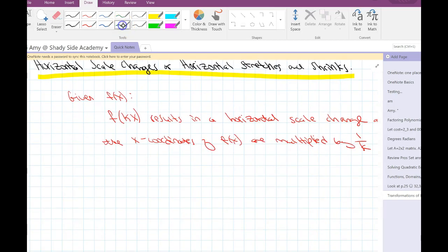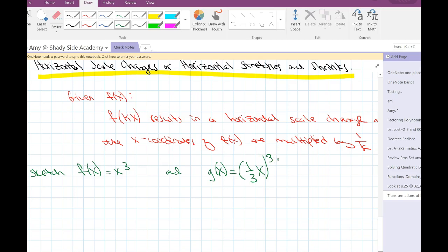So let's do an example. Let's say I want you to sketch f of x, which equals x cubed, and g of x, which equals 1/3 x cubed.